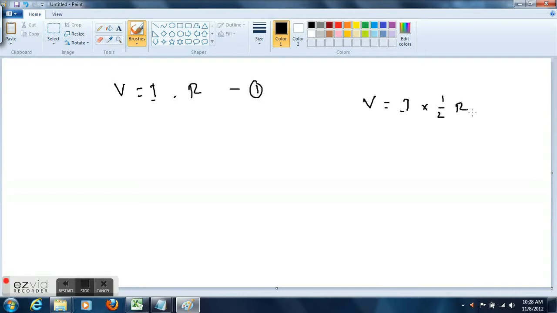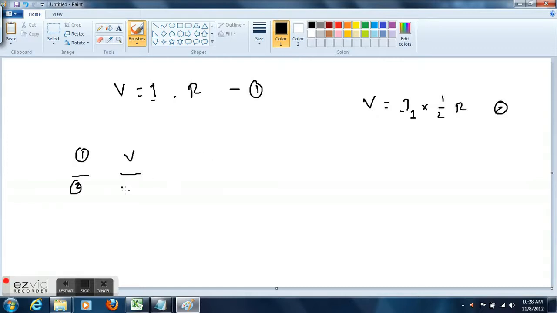In the second case, V equal to I1 into 1 by 2 R, because now the resistance has become halved. Potential difference is still the same, V. So let us assume that the new current flow will become I1. So let us see how I1 will change.